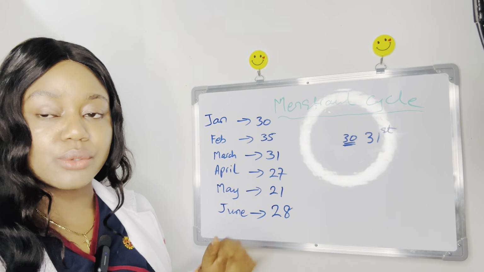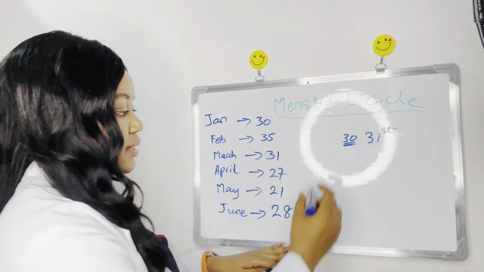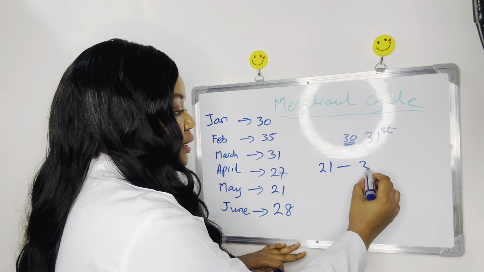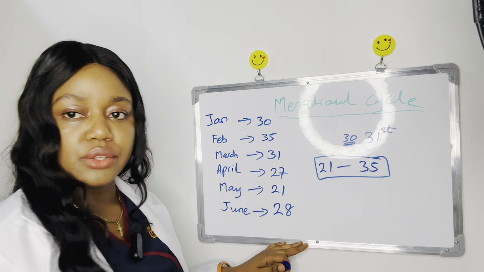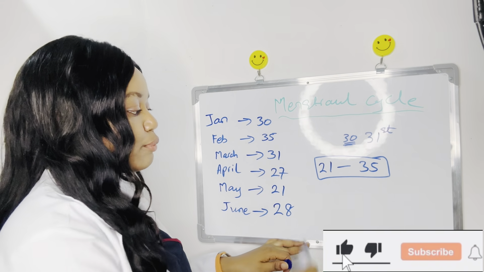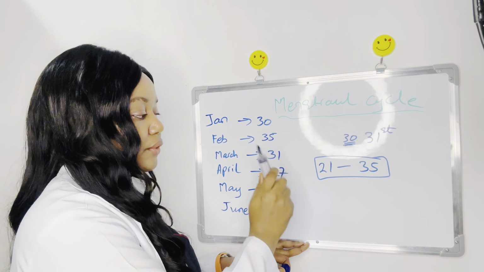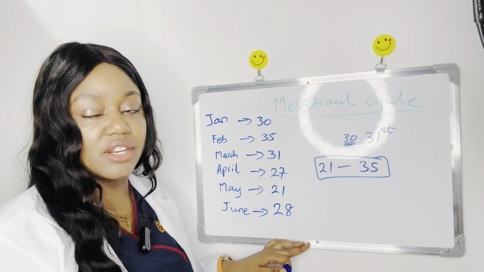Before I get into this, first of all, a normal human being is supposed to have a menstrual cycle of between 21 days and 35 days. This is the normal menstrual period. Most of the time, if your menstrual cycle is less than 21 days, there might be an issue.